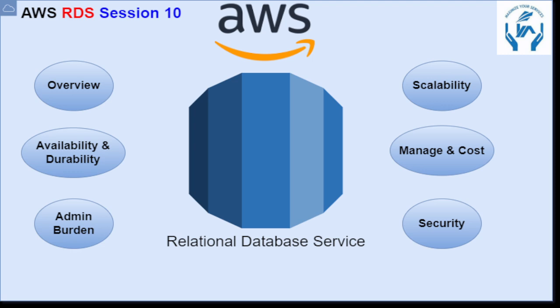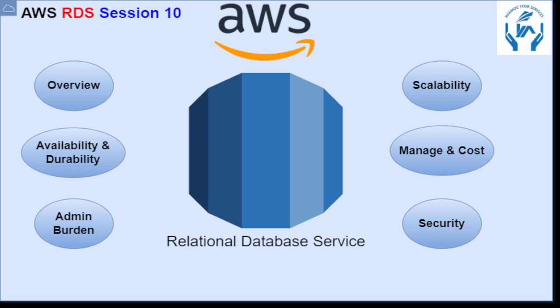It also provides scalability, meaning whenever we need more instances or more data, it will automatically be provided. Then management and cost: how we can manage automatically with AWS, and how we can cover the cost of RDS.